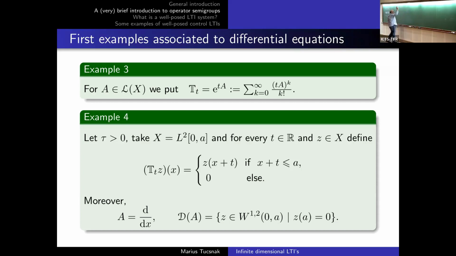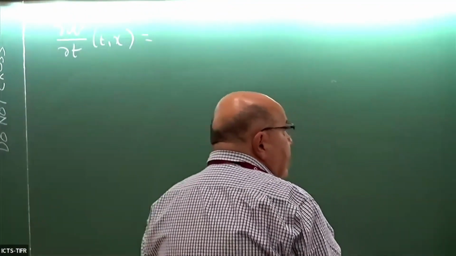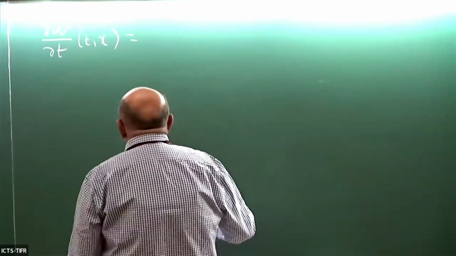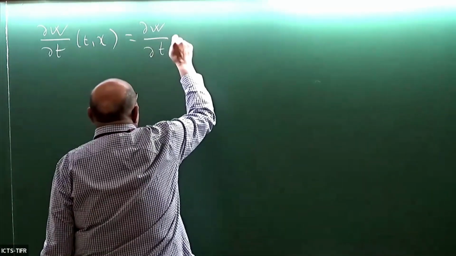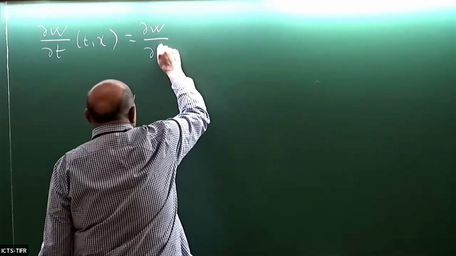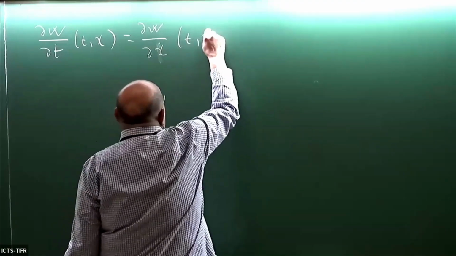So how do I obtain this semigroup? I try to explain how I obtain it without beginning with an operator, directly, which here is more natural. So it will be equal to dW over dx at t and x.